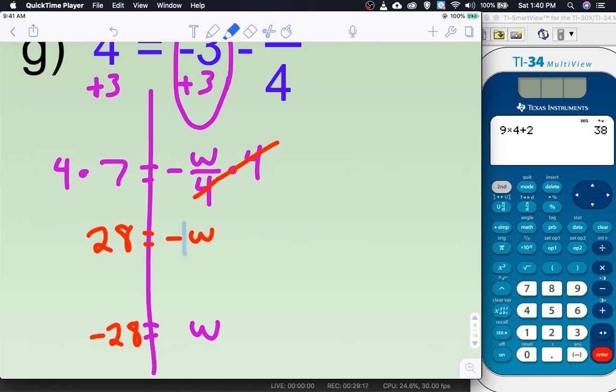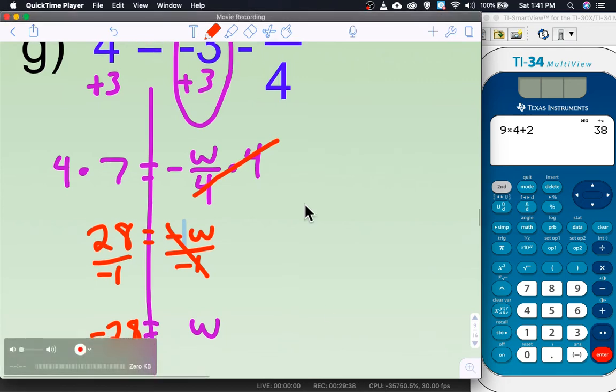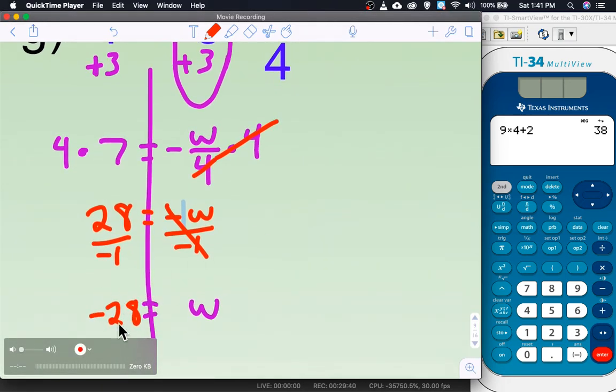Well, it's a ghost 1. It's -1 times w. And that is just another multiplication. So we would get rid of it by dividing by -1 on both sides. Now that -1 and the other -1 cancel. On the left-hand side, when you take 28, divide by -1, you do get -28 for a solution.